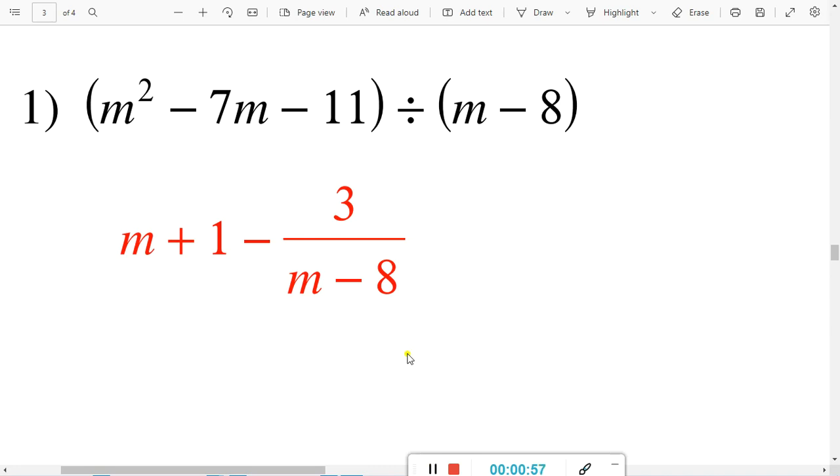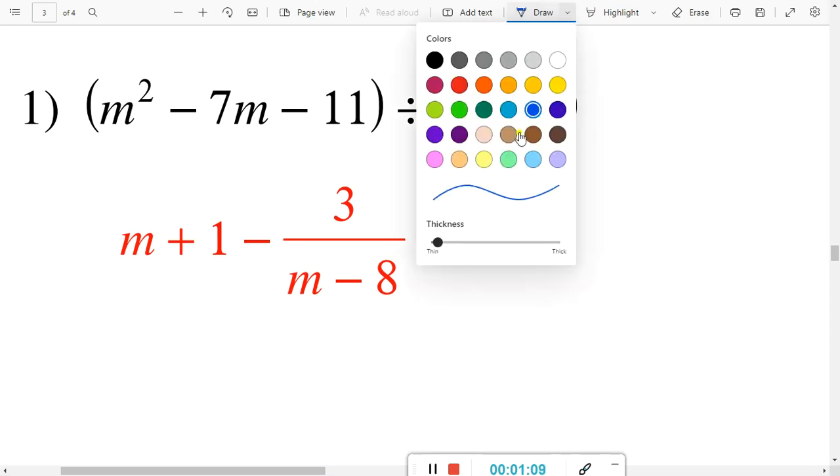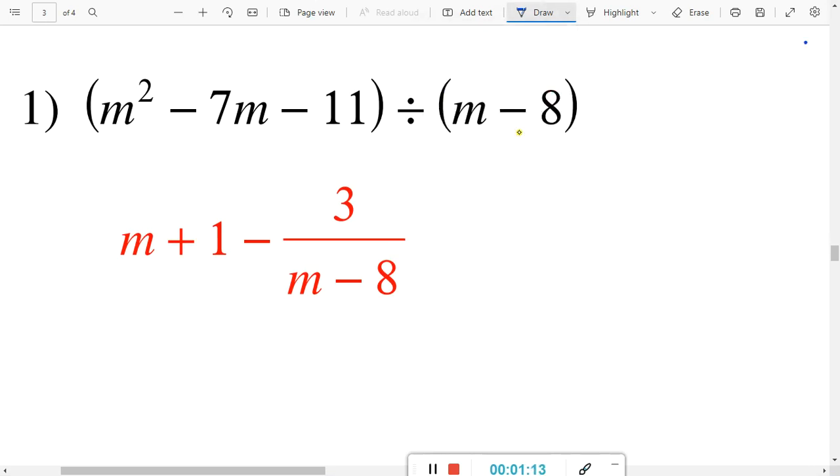So this is from the dividing polynomials worksheet, okay? So we're taking this right here and we're dividing by m minus 8. And I have the answer posted on the screen. All right. And if you recall, when you get your remainder at the end of this division, you put the remainder over the part you're dividing by.